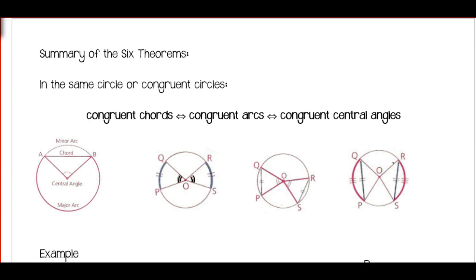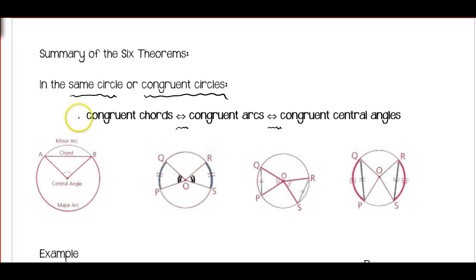So basically, in the same circle or congruent circles, if any pair of parts are congruent, all the others are congruent. So congruent chords, congruent arcs, congruent central angles. And notice these arrows going forwards and backwards means that these can go any way.